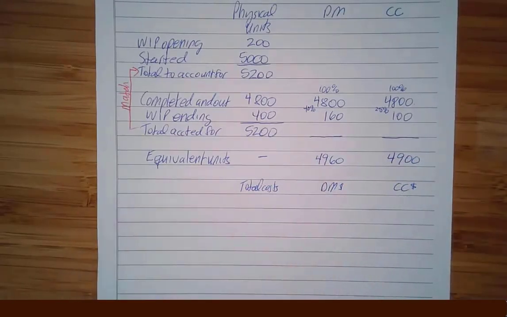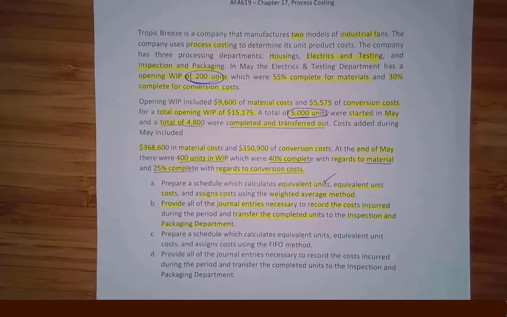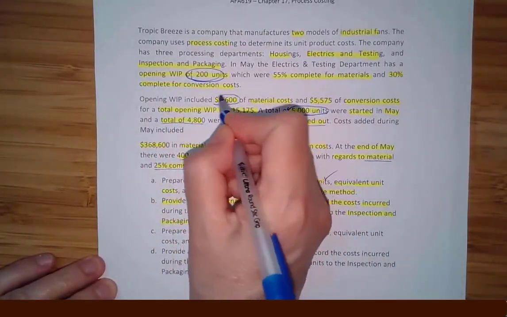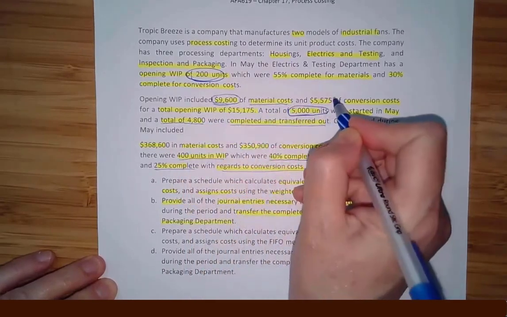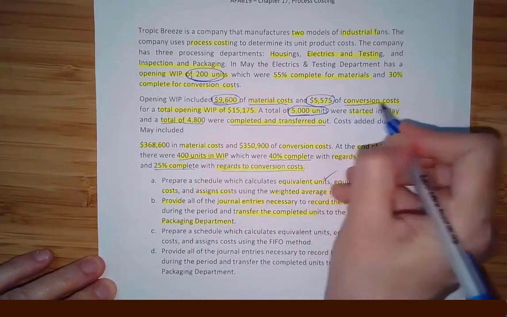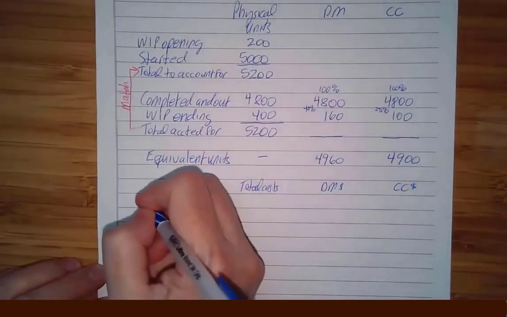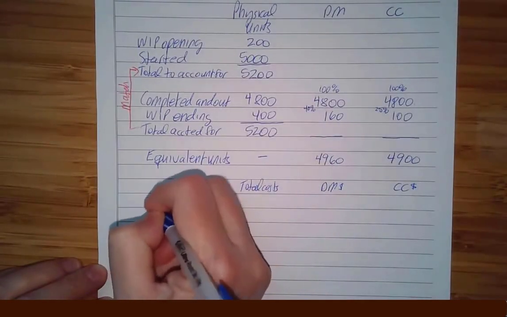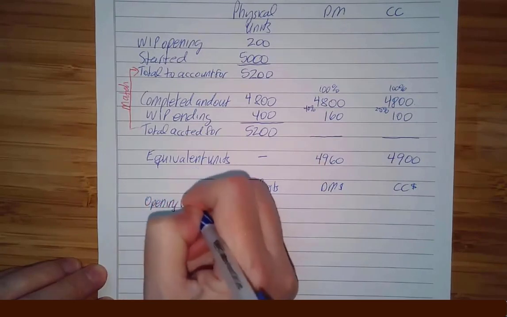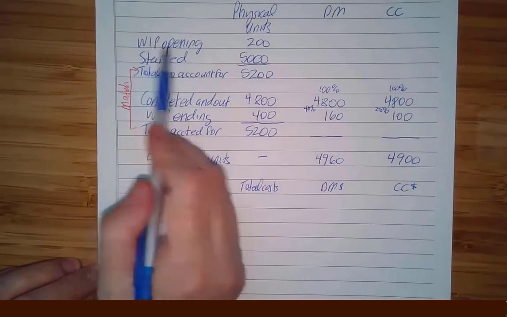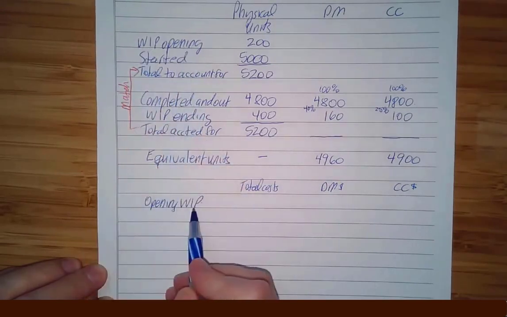I know from the question that there were some costs already incurred in opening work in progress. Opening work in progress had $9,600 of material costs and $5,575 of conversion costs. So I already know that the opening work in progress, notice I'm taking the same concept as work in progress over here, opening work in progress.